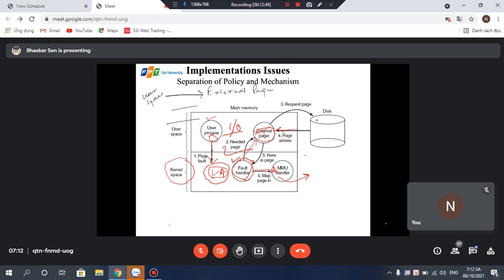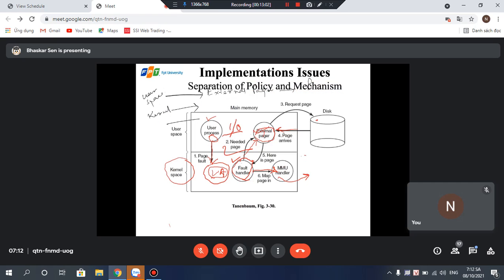The second one is in the kernel, and that is the one that basically controls much of the mechanism. So external pager is all about implementation of policy. I'm writing that part. It's all about implementation of policy. But the kernel is the one where we have a module, and this module is called page fault handler, or simply fault handler. I can't write it.